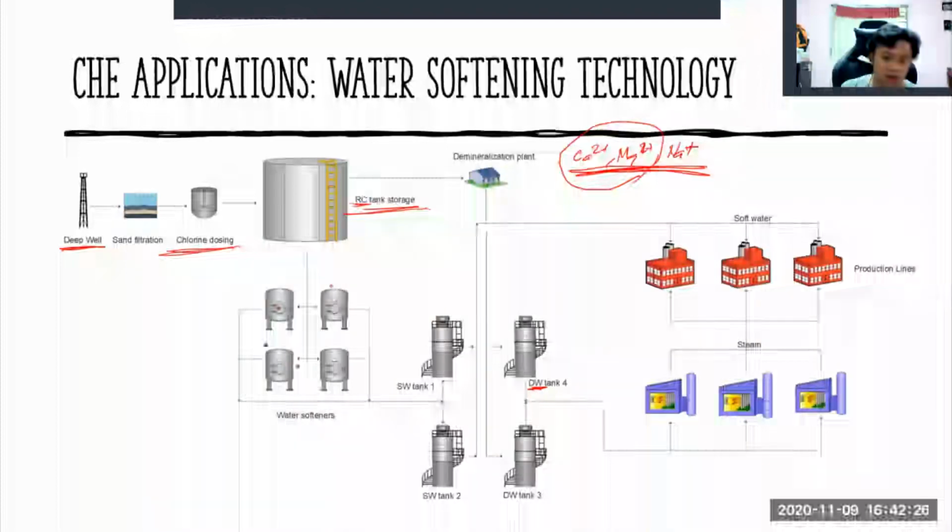This soft water will be stored in the soft water tank, and then it will be supplied in the production lines of the plant.